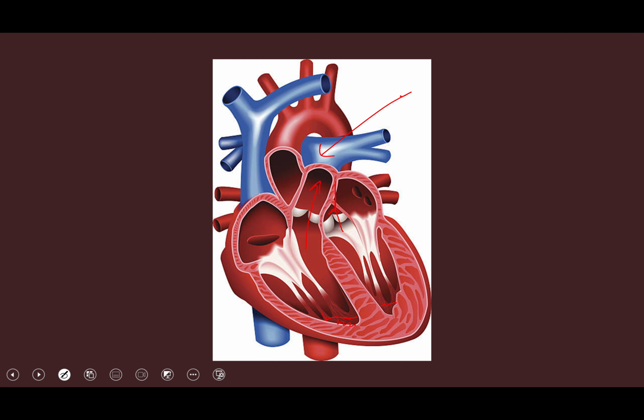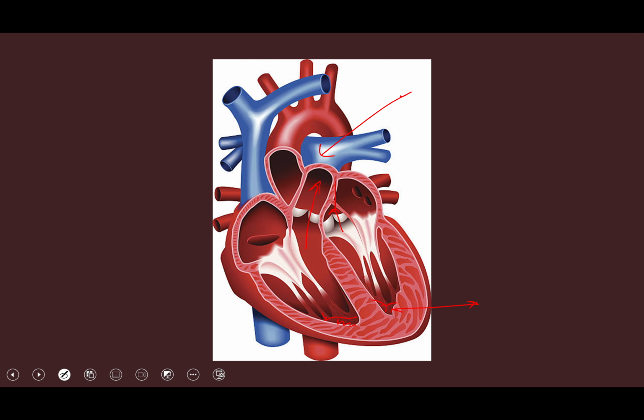Tiny amount, yes? You see all the blood that just came out? That is the stroke volume. All the blood that just came out in one heartbeat is the stroke volume, minus the blood left here.